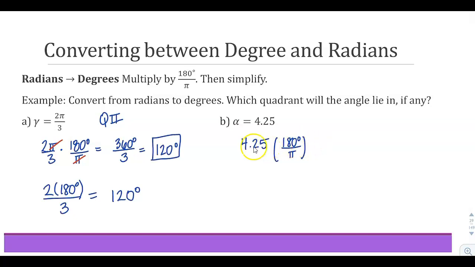So I'm going to multiply 4.25 times 180 divided by pi, and that's approximately 243.5 degrees. And that's between 180 and 270 degrees, so we are in quadrant 3.